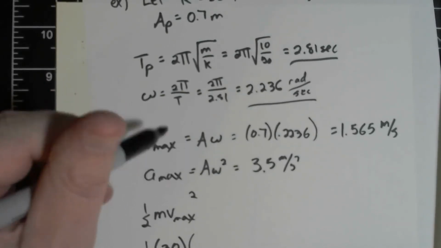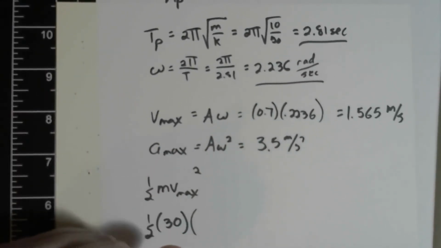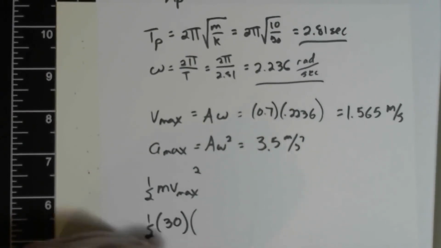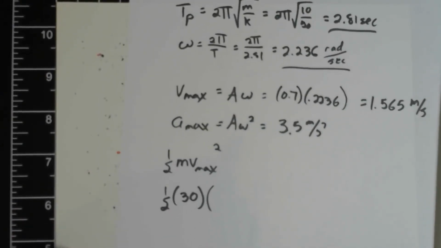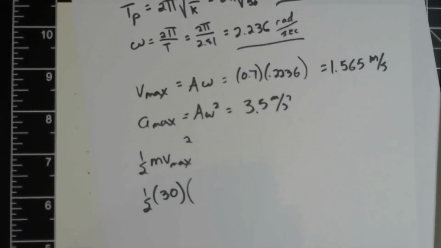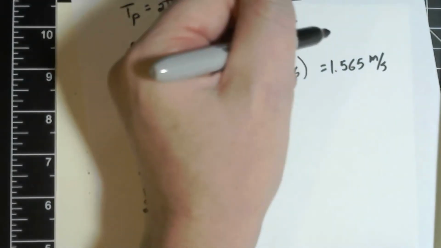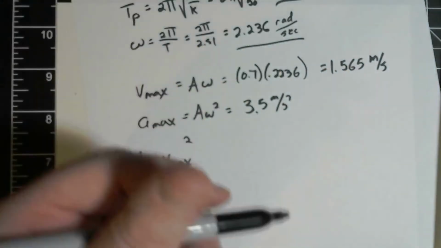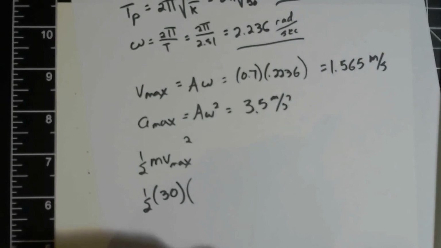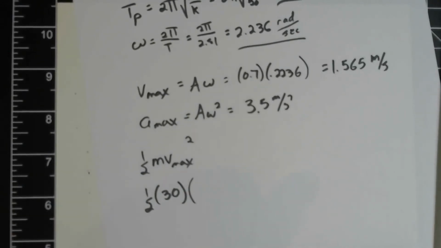And I also need to calculate the final speed. So P initial equals P final, go through this process, and we find out that the final velocity is 1/3 of the original velocity. Remember that? So if my original velocity is 1.565, and now it's 1/3 of that, it's going to be 0.518 meters per second. So that's my new final velocity, my new maximum.